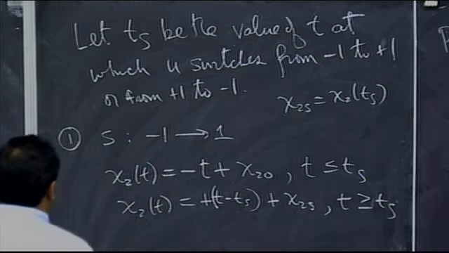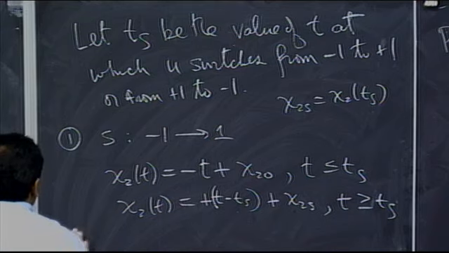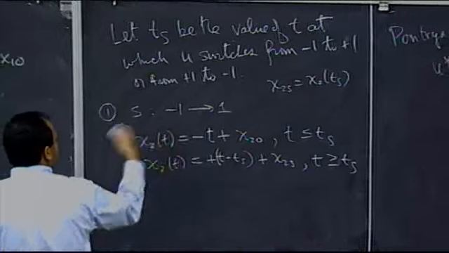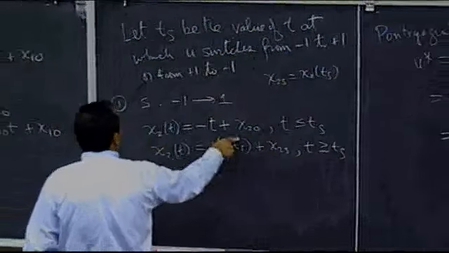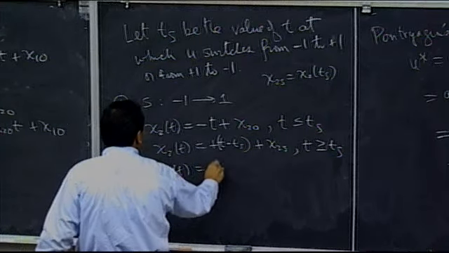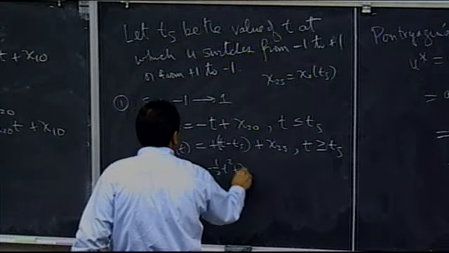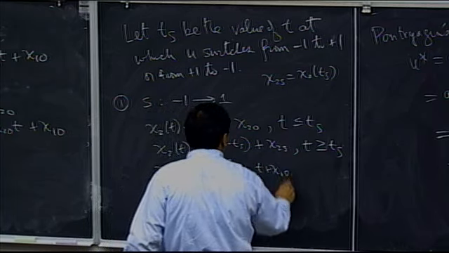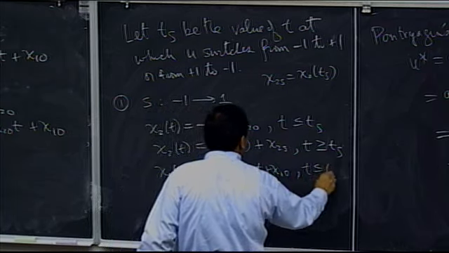Now of course you integrate one more time to get x1 of t. So x1 of t is going to equal minus 1/2 t squared plus x20 times t plus x10, and that's for t less than or equal to ts.